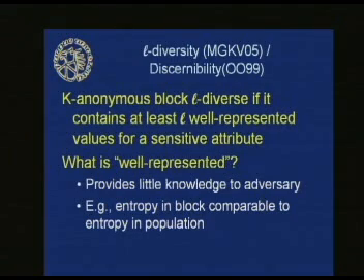Am I going to be able to do a good job of that? Well, it's going to turn out to be very difficult to do, because we tend to have a very gender-biased sample that we're drawing from. So one way to handle this is to say that within any block, the entropy among those sensitive values must be comparable to larger blocks.